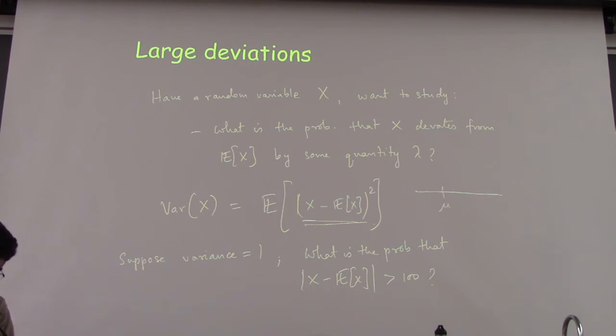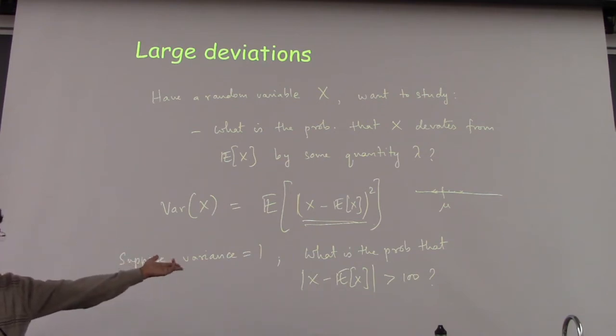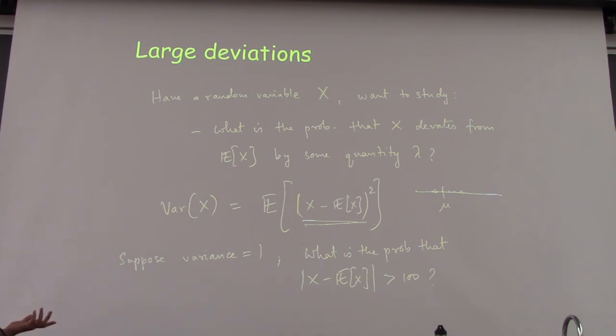The variance is 1, which means that in expectation its square distance from mu is 1. Now, what's the likelihood that you are 100 away from this? Any guesses?